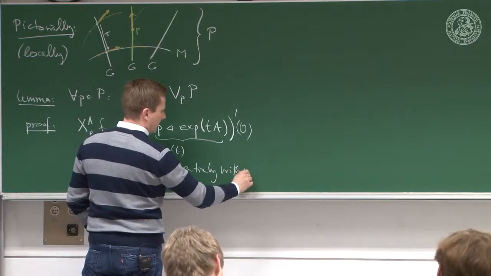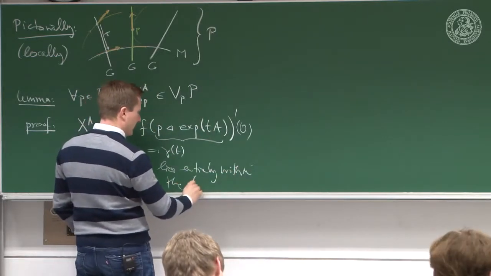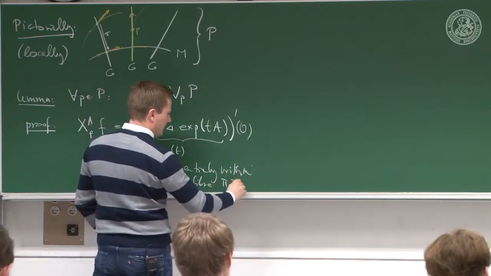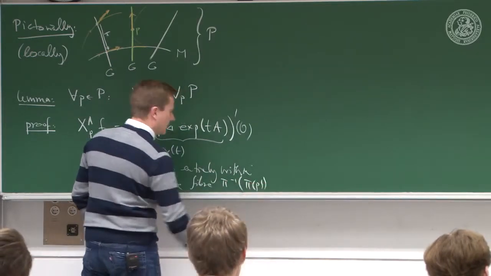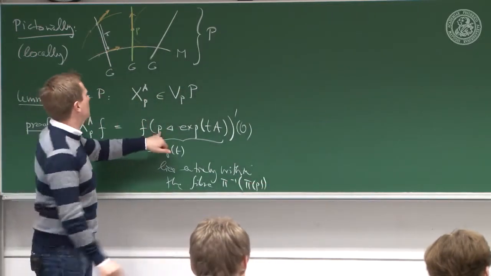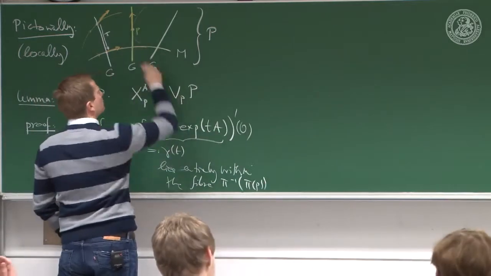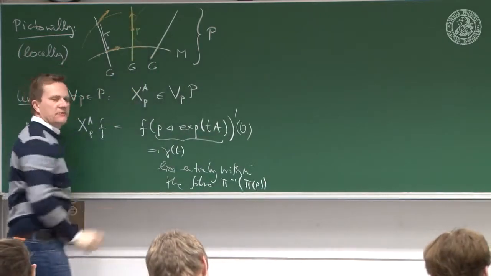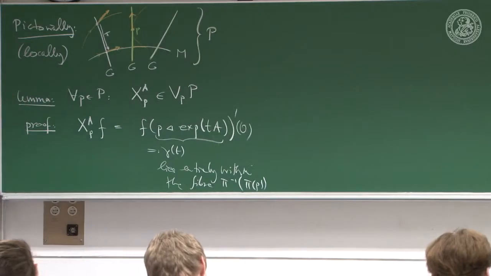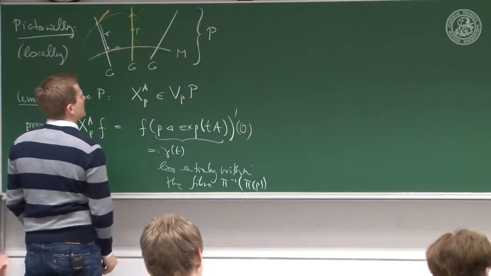Within the fiber, pi inverse of pi of p, right? Because action on a certain point by the group only pushes the point in the fiber. We used this several times already in these lectures. So that lies entirely in there.